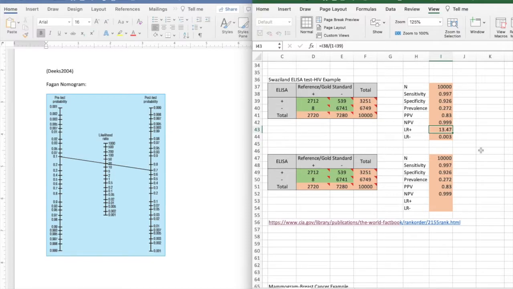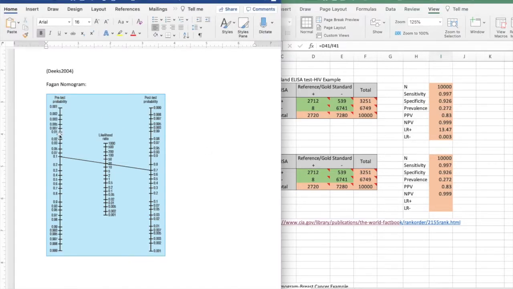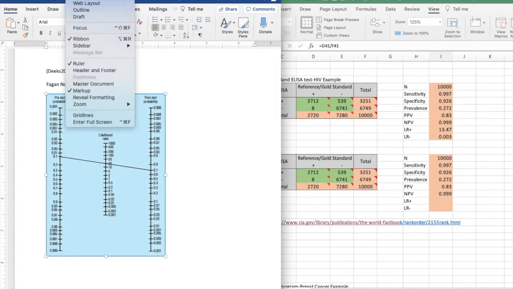The ELISA test has a likelihood ratio of 13. We have a prevalence data of 0.272, which is equivalent to pre-test probability, as in what's the probability of this person having the condition pre-testing. So we'll just use that. And this is how you use a nomogram.